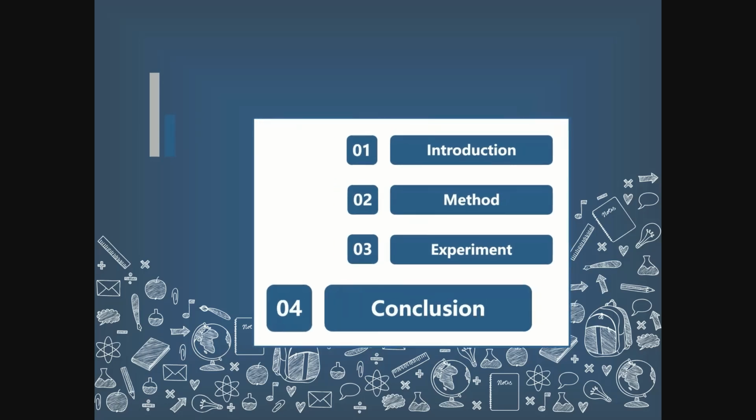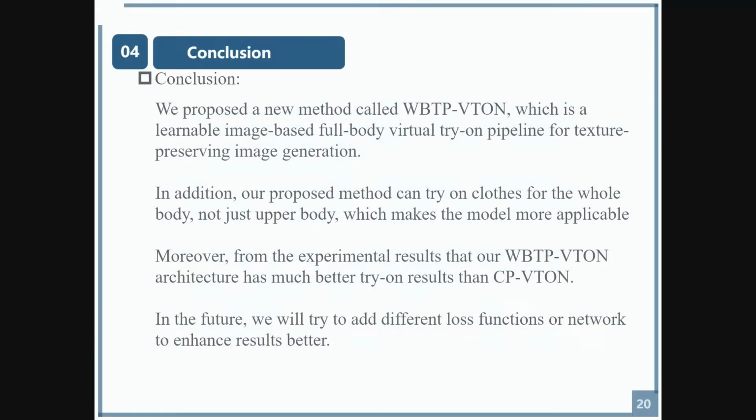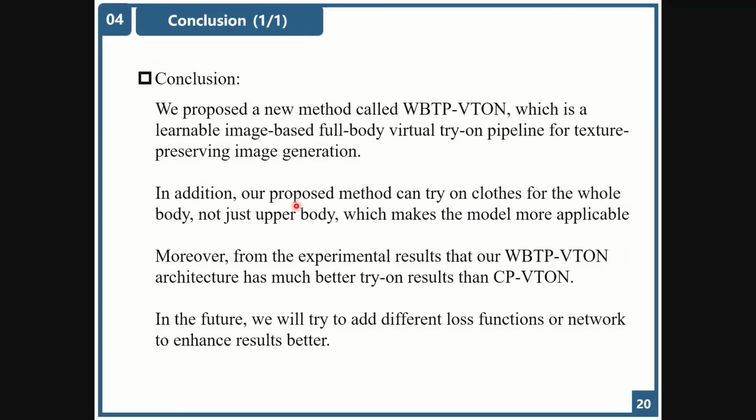And finally is the conclusion. To sum up our presentation, first we propose a new method called WBTP Virtual Try-On Network, which is a learnable image-based full-body virtual try-on pipeline. In addition, our proposed method can try on clothes for the whole body, not just the upper body, which makes the bottom more applicable.